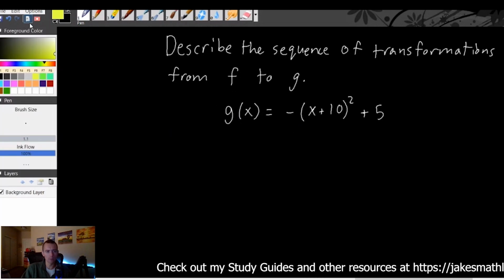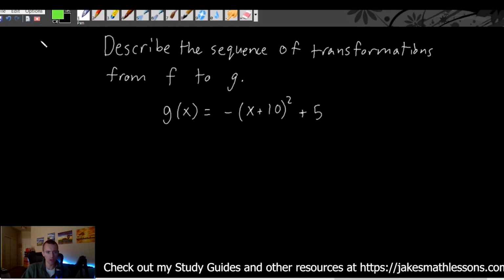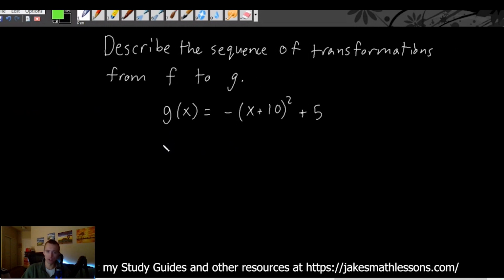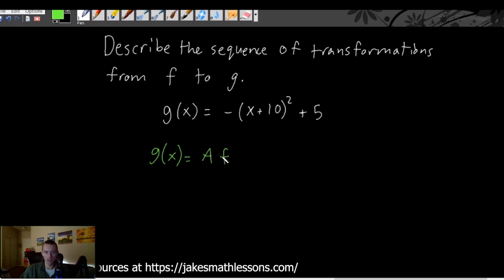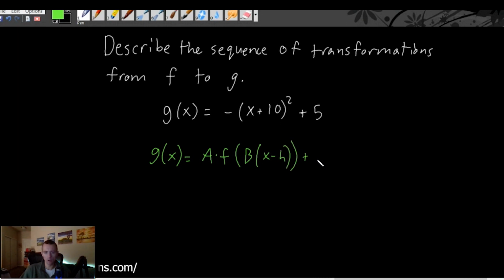So again, we want to basically start with our generic transformation template, which is our function g of x is going to be given by a times f of b times x minus h plus k.